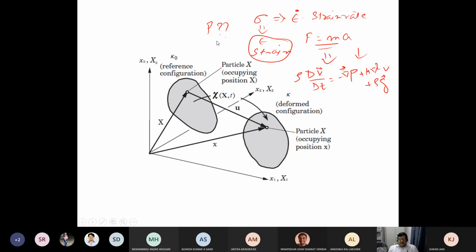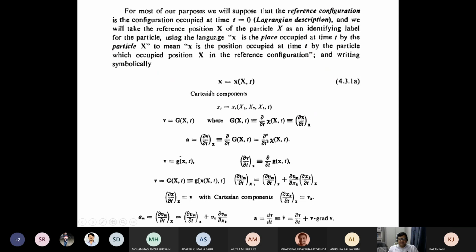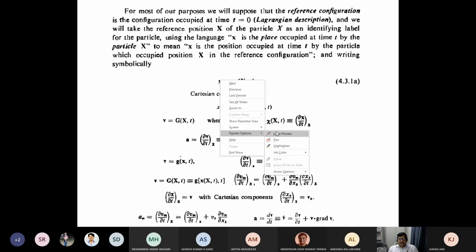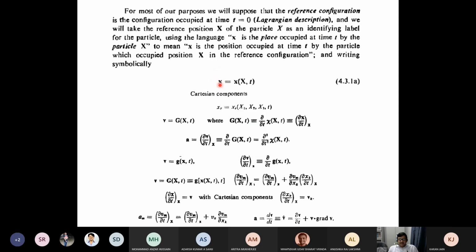So in that, for solids, we decided that say capital X is the original configuration or reference configuration, and small x is the deformed configuration or the final configuration. Based on that, if x is the position vector in the deformed configuration, expressed in terms of capital X, you can write the position vector like this at a particular time, and from there define the velocity and the acceleration.